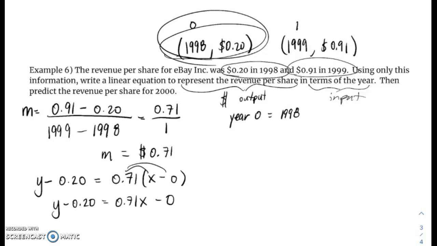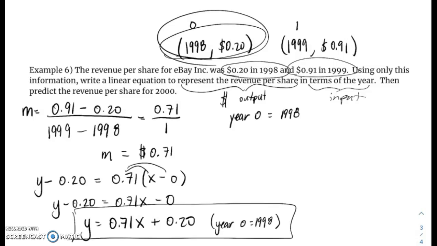And I'm going to add 20 cents to the other side. Okay, so that is my equation with year 0 as 1998.